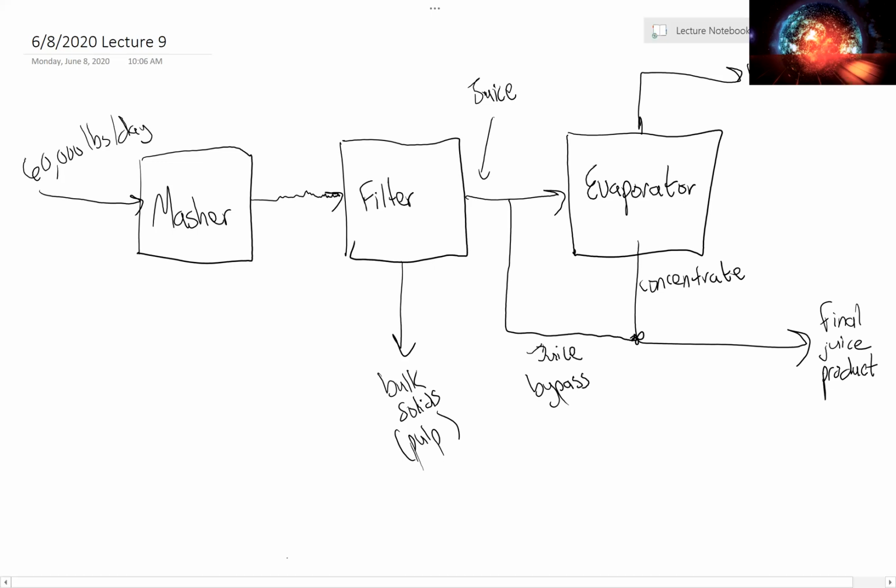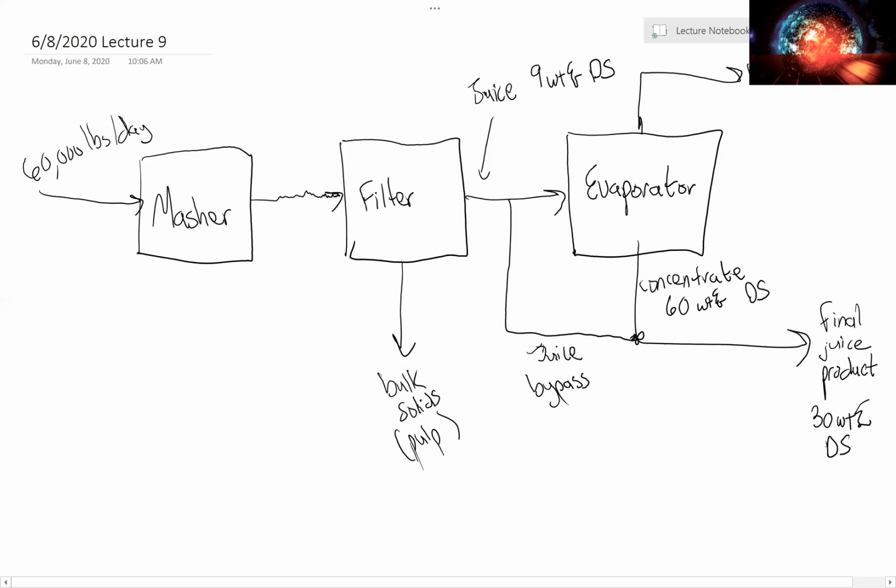So the problem states that the fresh juice product contains 9 weight% dissolved solids. I'm just going to label it DS. Labeling the concentrate, we have 68 weight% dissolved solids. And the final juice product has 30 weight% dissolved solids.